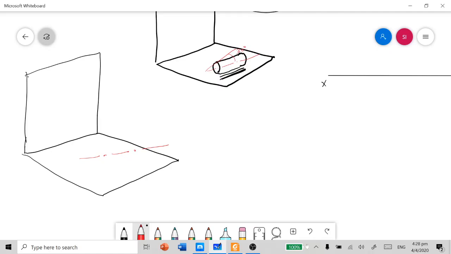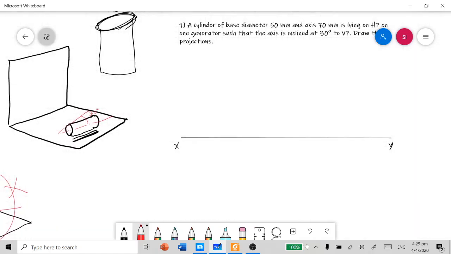So we can make the axis perpendicular to VP in order to see the base of the solid in the front view. Instead of making the axis perpendicular to HP like the previous cases, we can make the axis perpendicular to VP. It's easier to view the base. So we can start the answer from the front view in this problem.